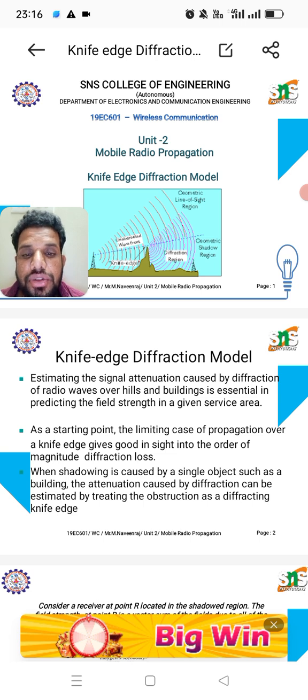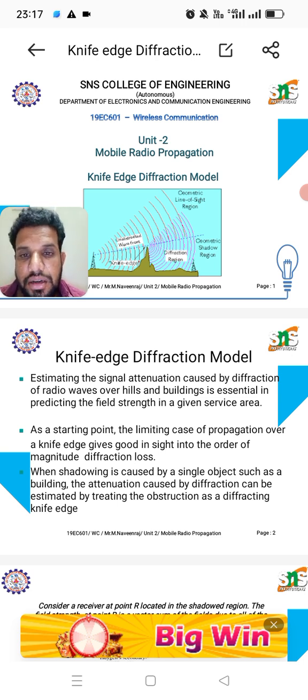When shadowing is caused by a single object such as a building, the attenuation caused by diffraction can be estimated by treating the obstruction as a diffracting knife edge.